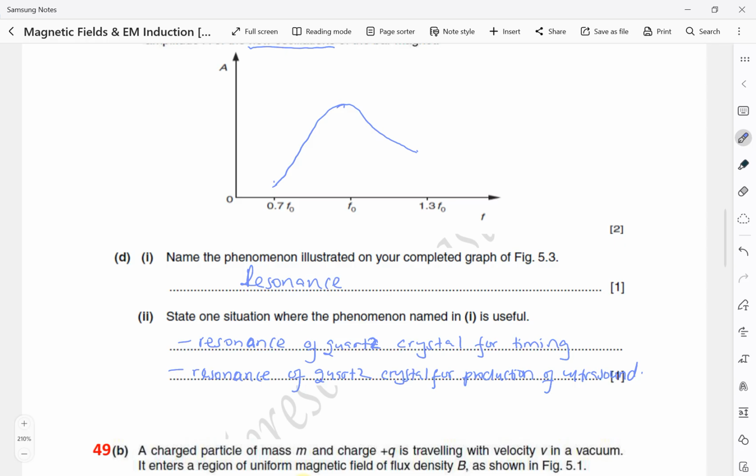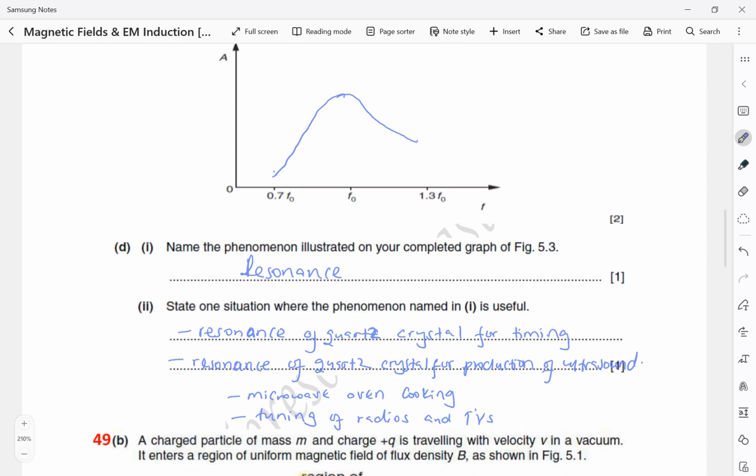Of course, others we have microwave oven cooking. That one uses resonance. You can talk about tuning of radios and TVs. Tuning circuits of radios and TVs also use resonance, and so many others. You can visit simple harmonic motion and oscillations to understand resonance in more detail.